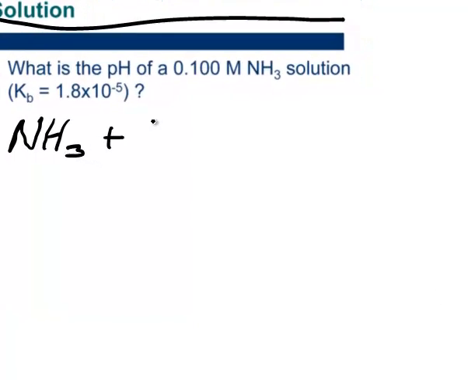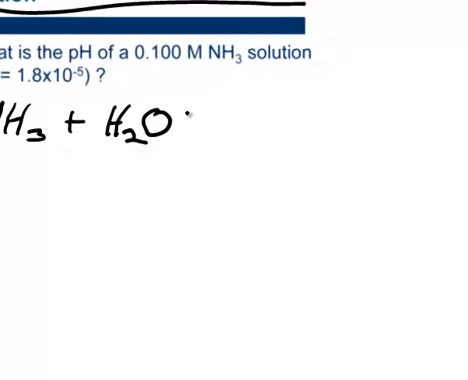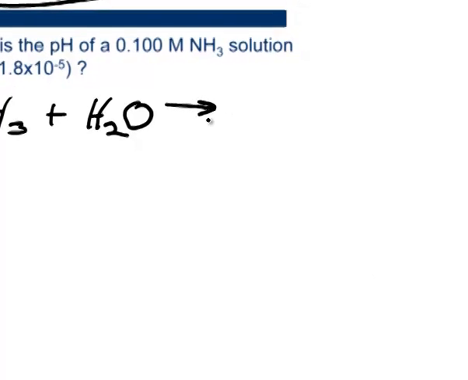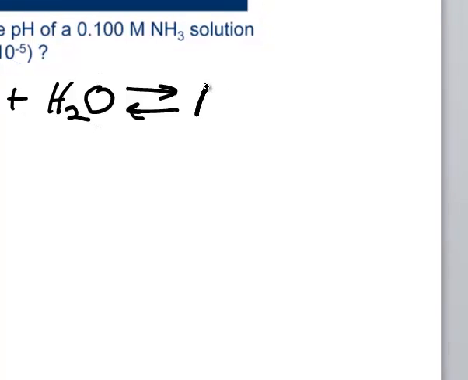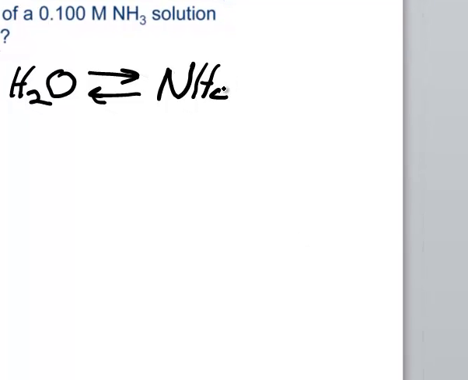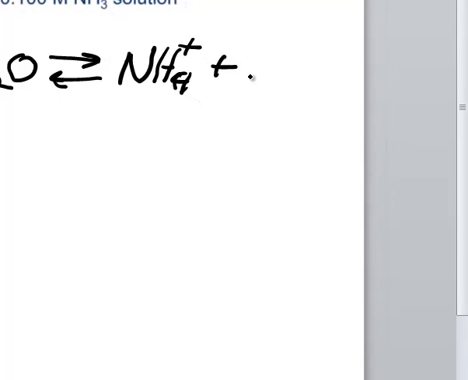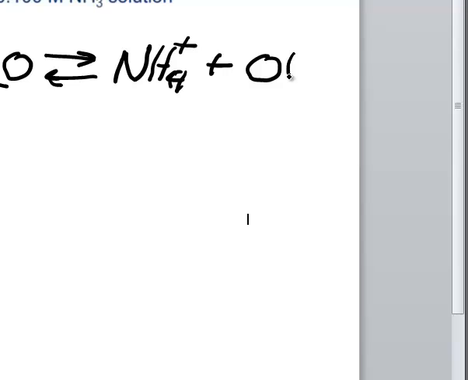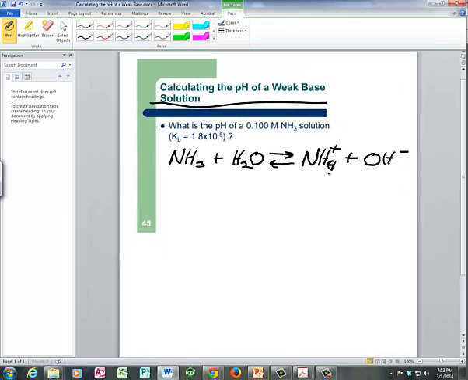When you're doing these weak base calculations, you really should include water in the balanced chemical reaction, because the chemistry doesn't make any sense unless you put water as one of your reactants. The weak base ammonia is going to accept a proton from water and leave behind the hydroxide ion. So we have our two reactants, ammonia and water, which is a pure liquid, and NH4 plus and hydroxide ion.